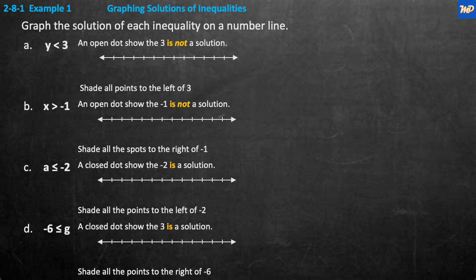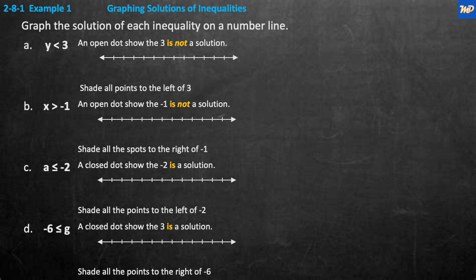When you're graphing on these number lines, a dot at the point means that you're including the point, and a circle means that you are not. So if it said only less than, like y is less than 3, we're going to put a circle down. We're not going to put a dot at the 3.